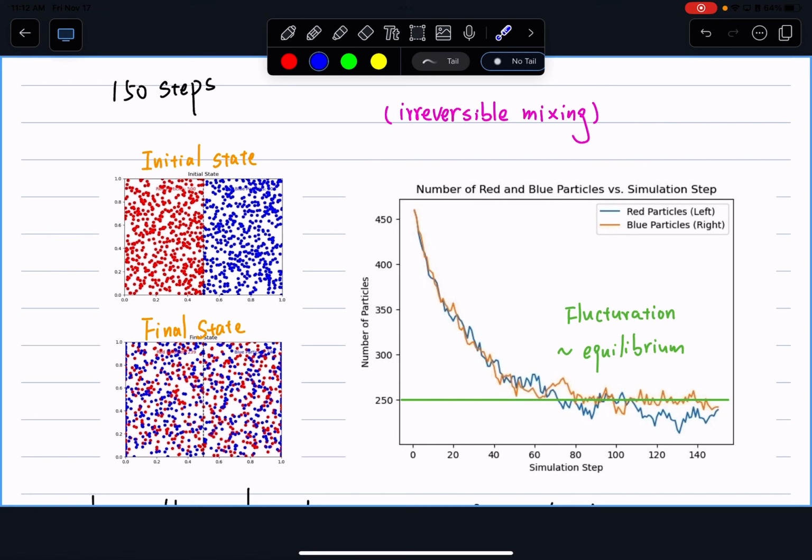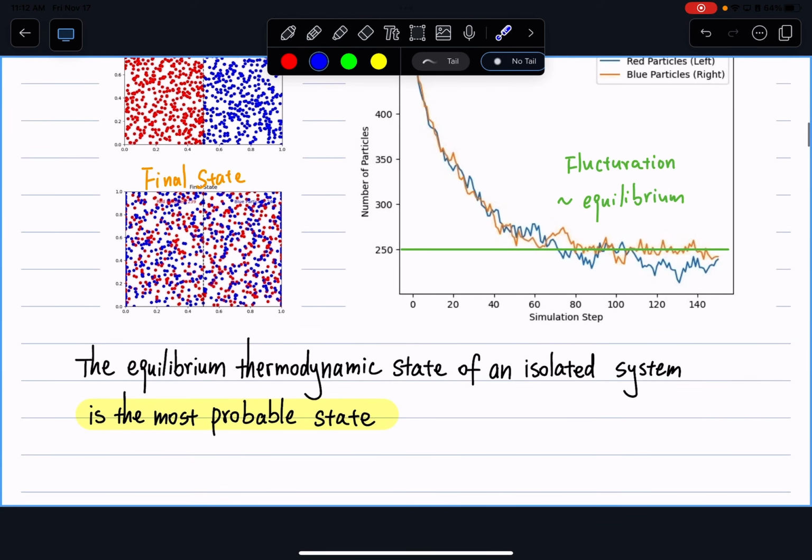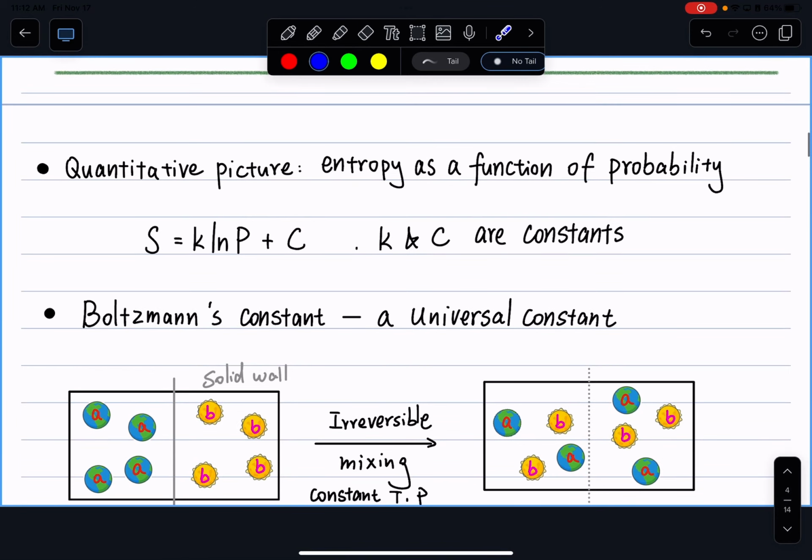Right, and then we went over a derivation to give a more quantitative picture linking your entropy with probability. And here's the conclusion again. By our simulation, we find that the equilibrium thermodynamic state of an isolated system is the most probable state, the highest probability state.